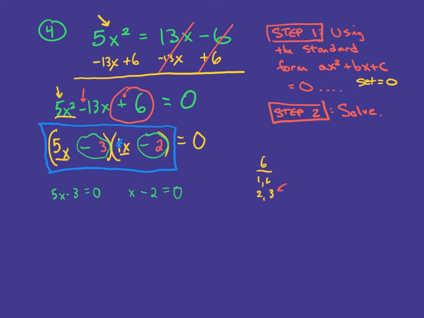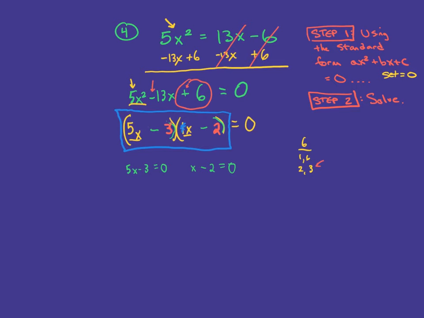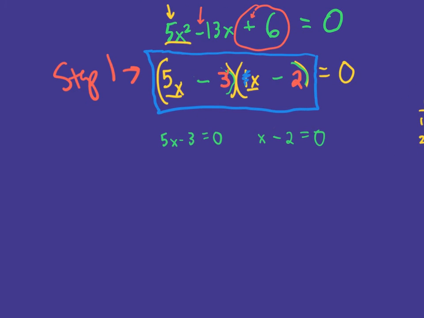And by the way, you just leave off the 1 in front of the x, without the circle around the 3 and around the 2. So that's step 1. And then your step 2 is just what we'll do here, solving it below.